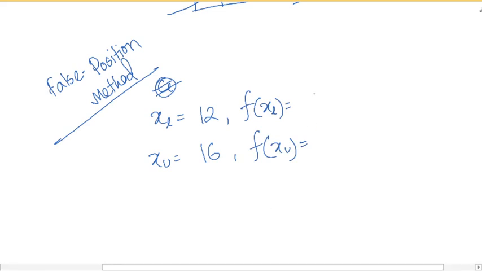The value was maybe 6.0669, if I can remember. Okay, I can't remember the original value.